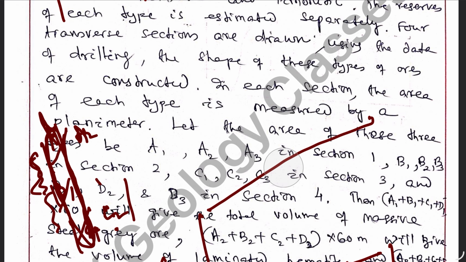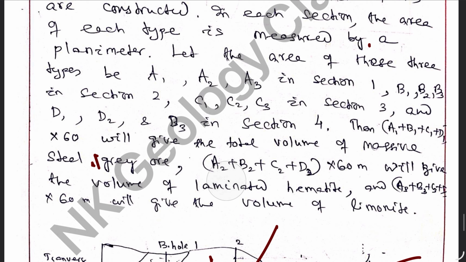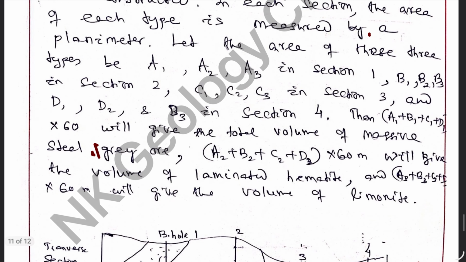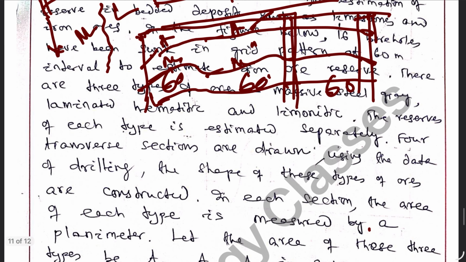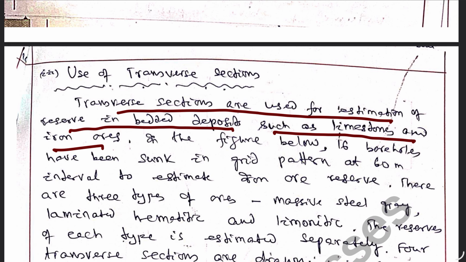Let me again discuss the same thing by going through my manuscript. Transverse sections are used for estimation of reserve in bedded deposits such as limestones and iron ores.